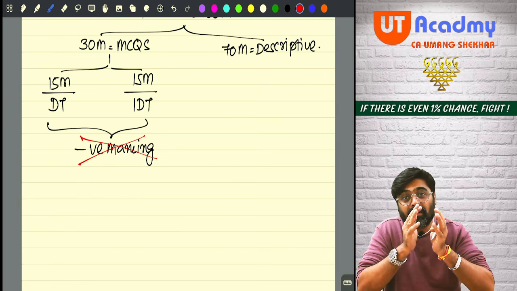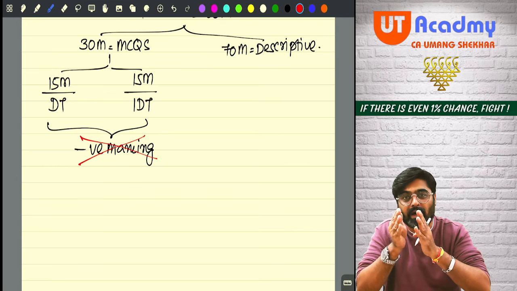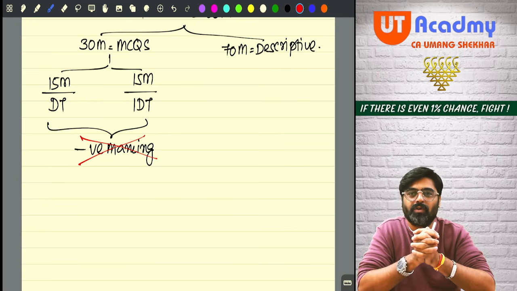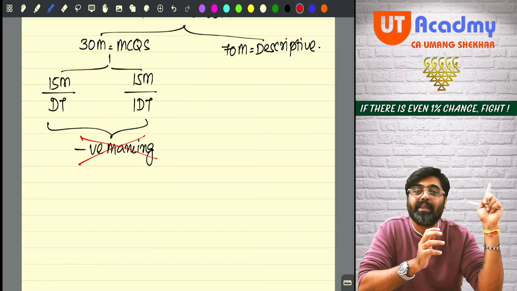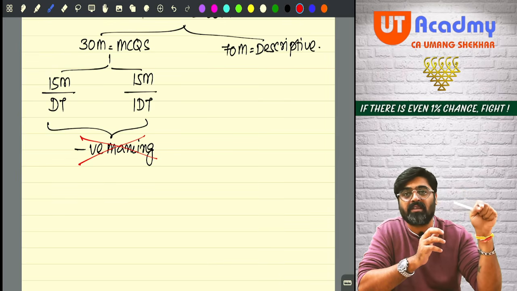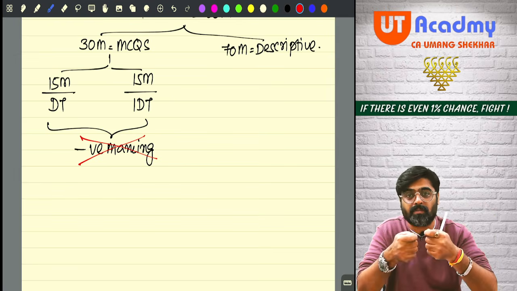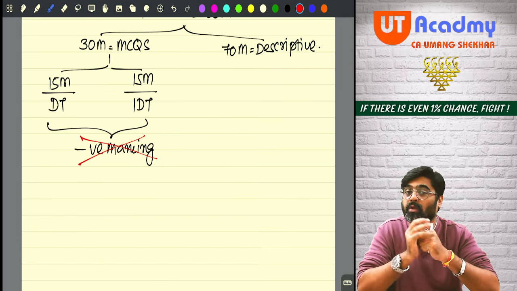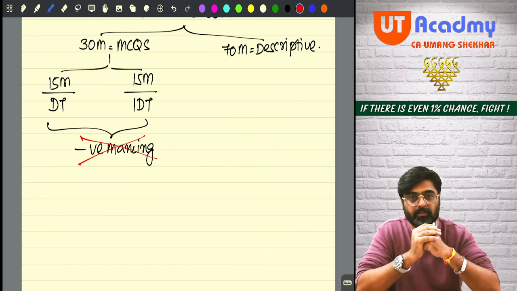But to get the correct answer of that MCQ, you are first supposed to understand the concept properly. You should be having conceptual clarity, because till the time you are not having that conceptual clarity, you have not attended the lectures properly for DT as well as IDT, you will not be able to score good marks in MCQs.